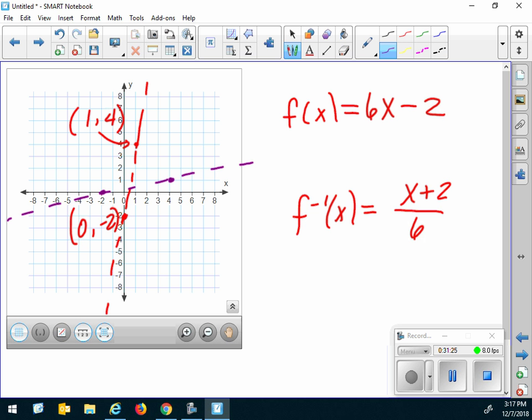Now, look at the very, very bottom question on that page, right below the graph. It says identify the domain and range of both f of x and f inverse of x. Don't worry about that. What do you notice about the domain and range of a function and its inverse? They switch. So I want you to put they switch.